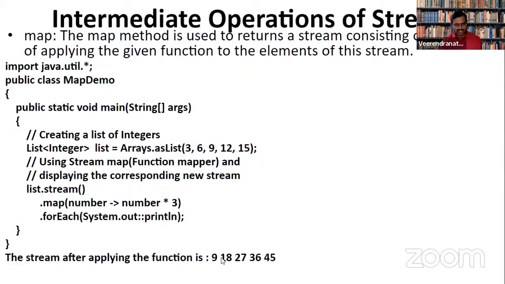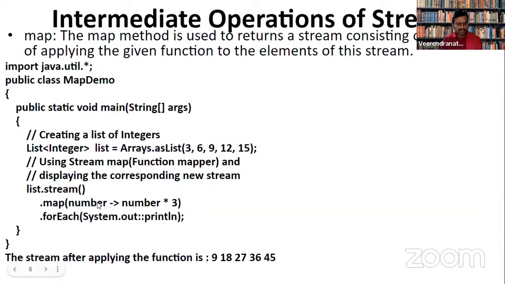So what exactly is this? Let us go in reverse and understand. For forEach, we are printing the elements which are multiplied by 3. Those elements are from the stream, which are mapped one by one.